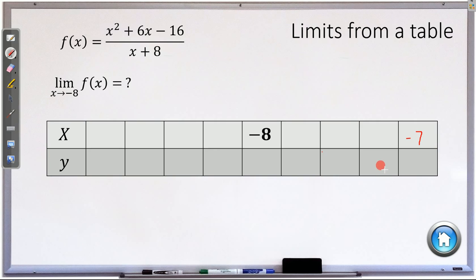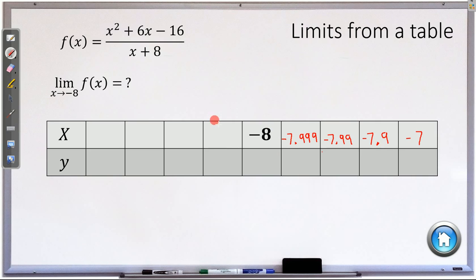That's kind of close, but not very. Let's get closer: negative 7.9. Negative 7.99 is even closer, and then following the pattern, negative 7.999. That gets us really close to negative 8.